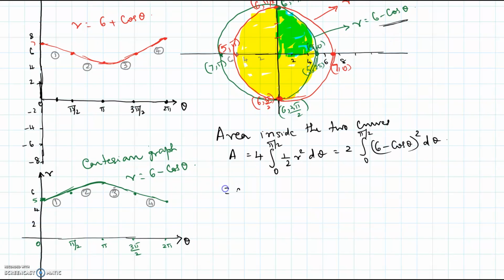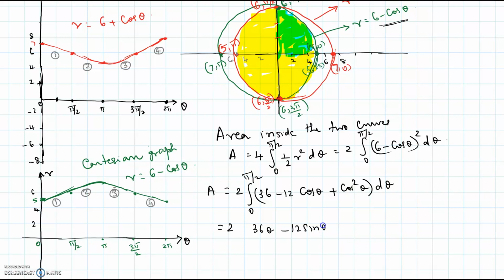So that will be 2 times the integral of 36 minus 12 cosine theta plus cosine square theta d theta, where theta lies between 0 and pi by 2. So 36 theta minus 12 sine theta, if you integrate the first two terms, evaluated between 0 and pi by 2.